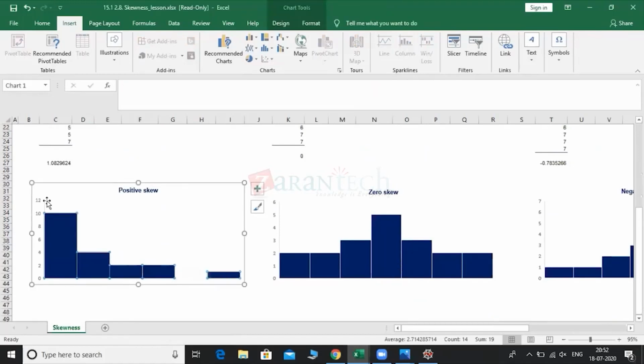If you look at this, most of the numbers are concentrated on the left hand side, and only a few numbers are concentrated on the right hand side. So there is a tail towards the right hand side, and when the tail is towards the right hand side, that is what we call skewness.